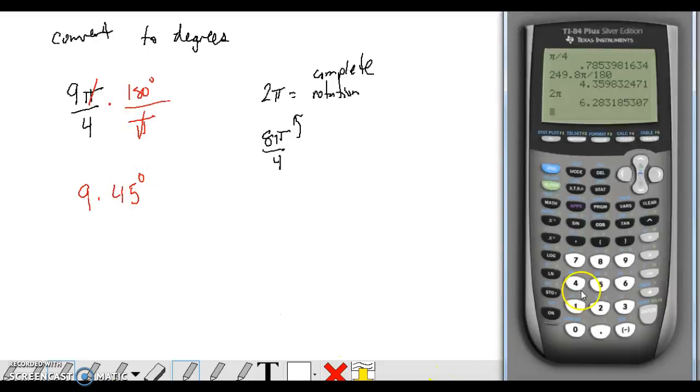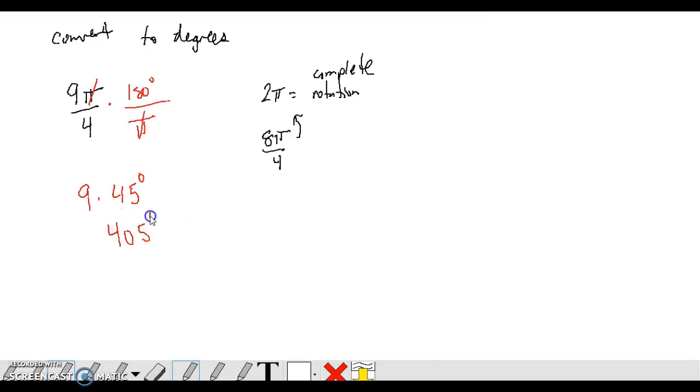If you need to use the calculator, 9 times 45 will give us 405 degrees. So we're a little bit more than 360, like we said, and the 405 is actually going to be in the first quadrant again.